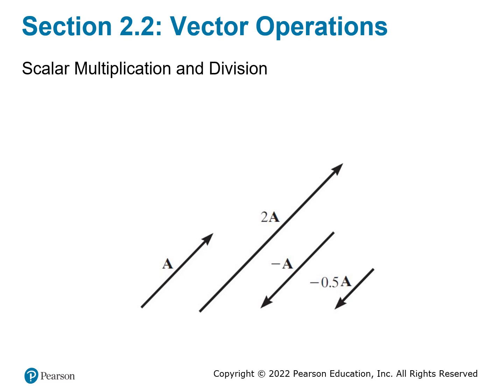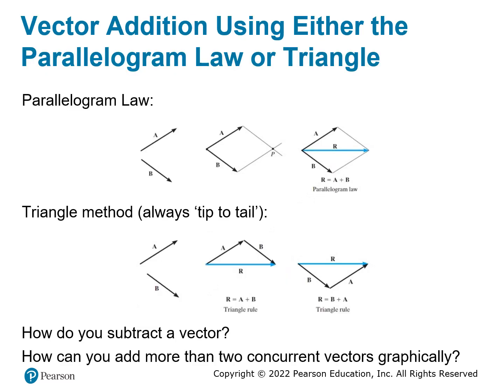If the value of the scalar is greater than 1, it means you're going to make the vector larger or longer. But if the scalar is less than 1, you shrink it, or make the vector shorter. If you put a minus sign, it represents that the direction is the opposite direction.